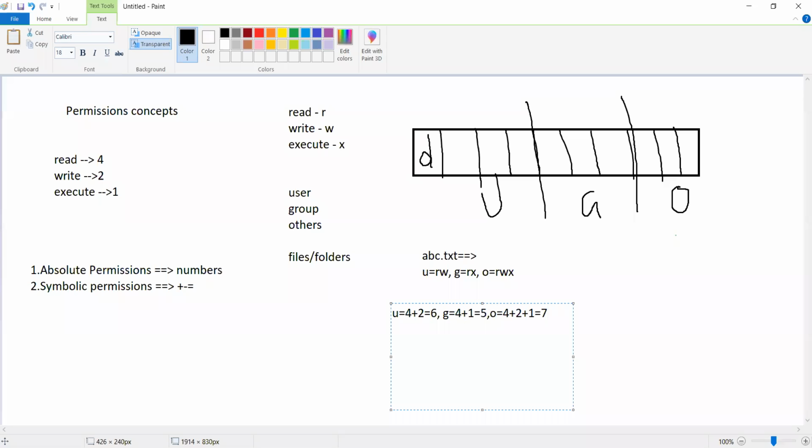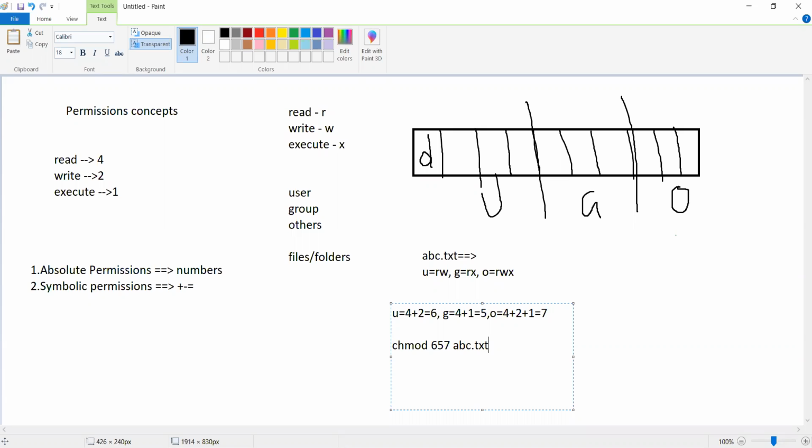So how would I associate this with abc.txt? We have a command called chmod, and the value would be 6, 5, and 7 on the file called abc.txt. So chmod is a command, 657 would be the absolute permission, and abc.txt would be the file name.